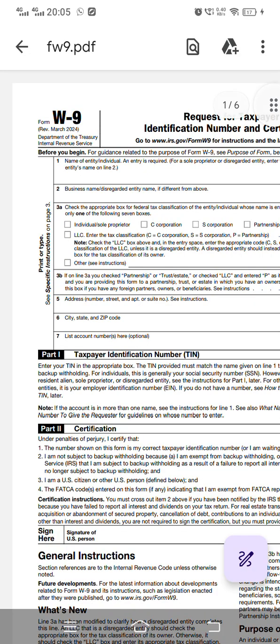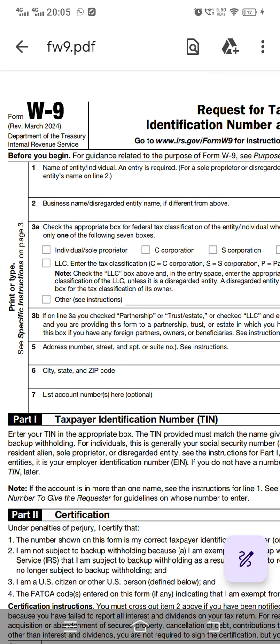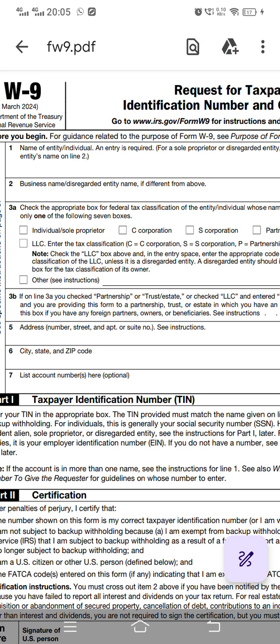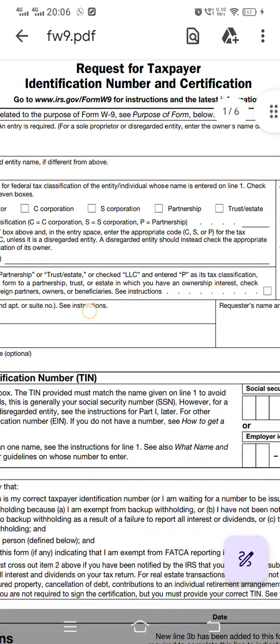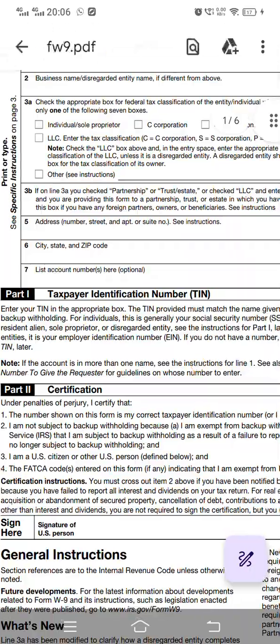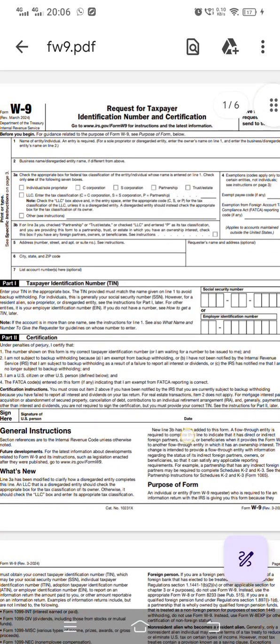And now here comes line one where legal entity name, then business name, and check one box which is applicable, which I have already told you. Now here comes the address, and here comes if you checked partnership, trust. So we already have covered everything, but I just wanted to show you how the W-9 form looks like.